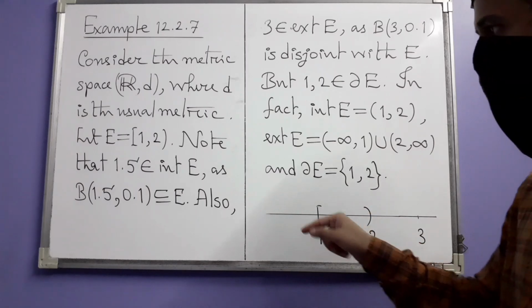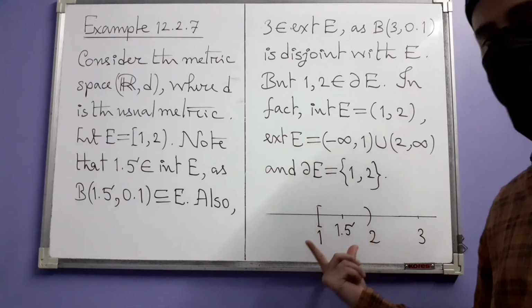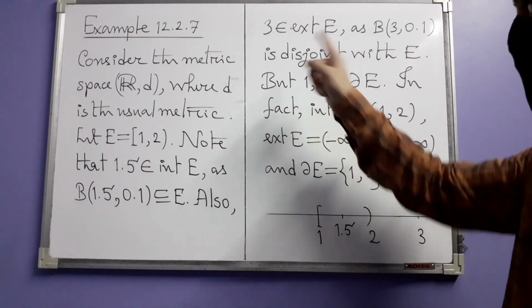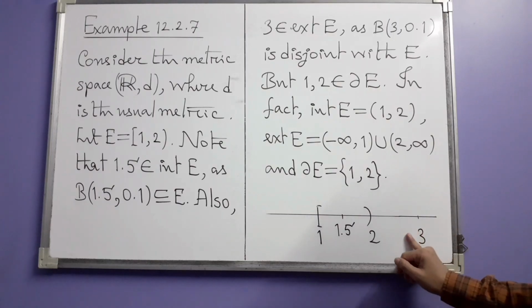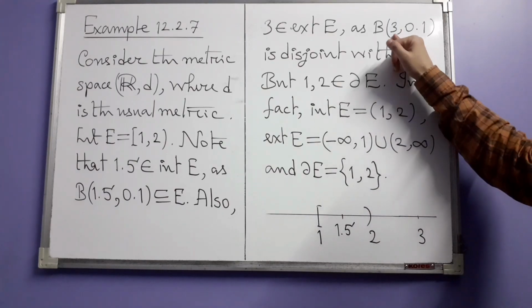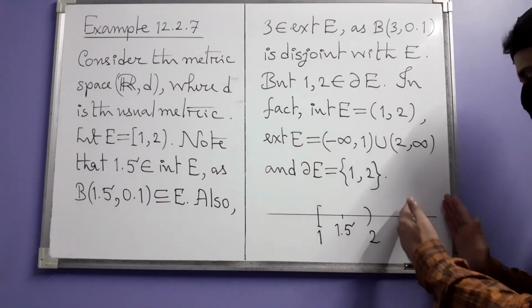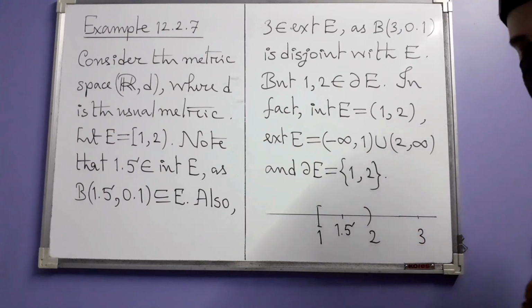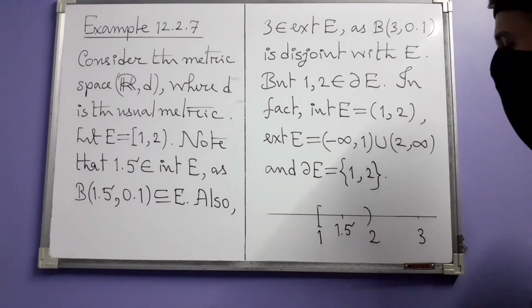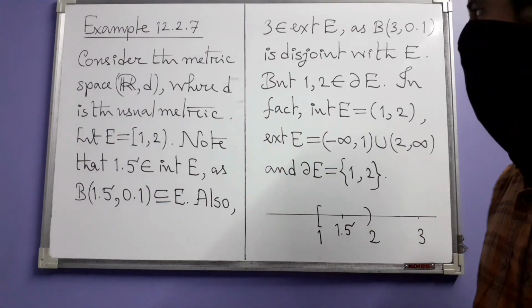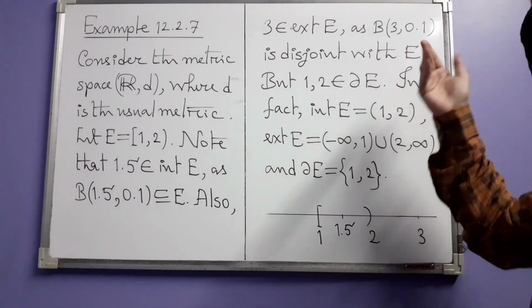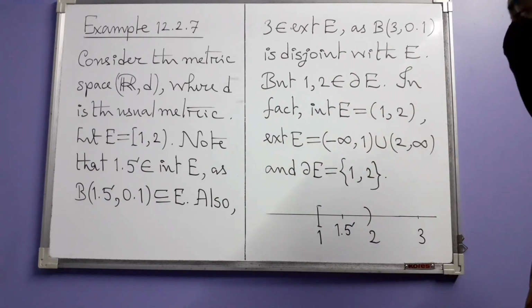So 1.5 is an interior point of E. 3 on the other hand is an exterior point of E. The ball centered at 3 having radius 0.1 similarly would be the appropriate open interval which does not intersect E. There is no common point. It is disjoint with E, and so 3 is an exterior point.